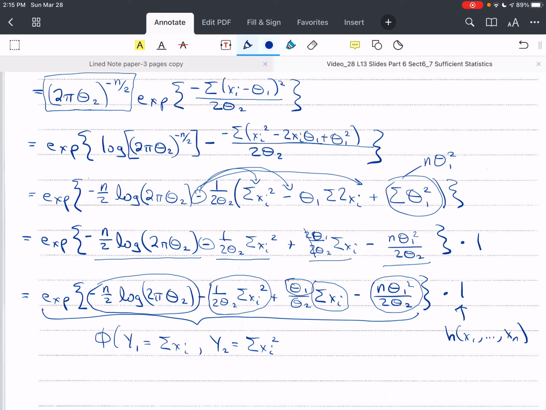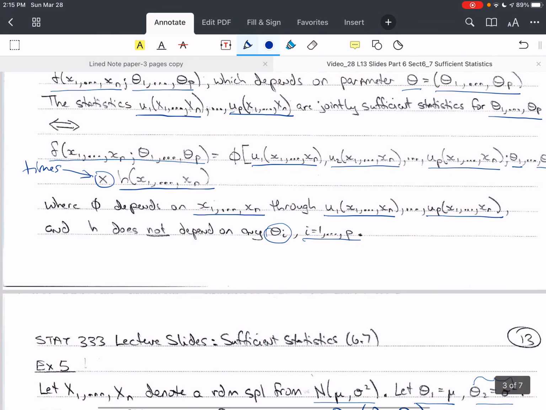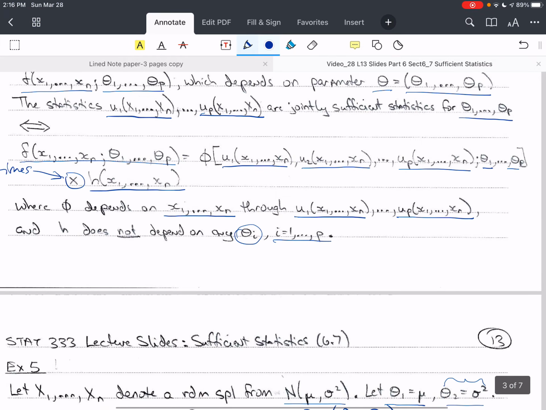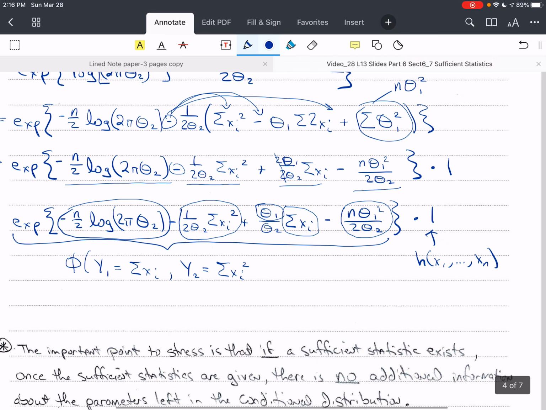And so, and then I have theta 1, theta 2. So I have phi. Let's see how I wrote this. Yep. That and theta 1, theta 2. Okay.